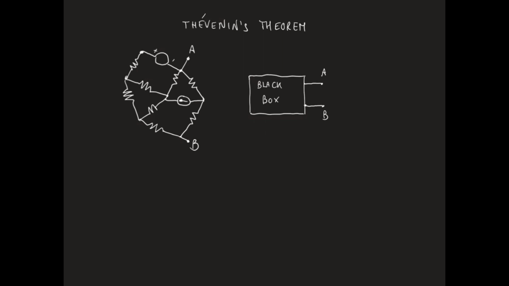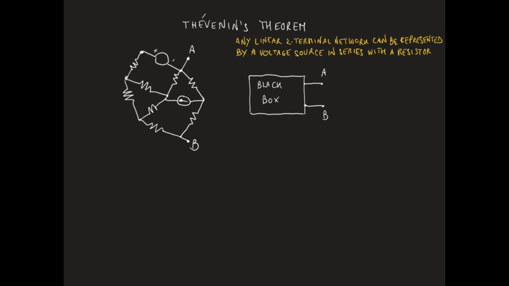Thevenin's theorem states that any linear two-terminal network can be represented by a voltage source in series with a resistor. This means that once we have chosen the nodes of actual interest, the network can be simplified into a network including just a voltage source and a resistor.